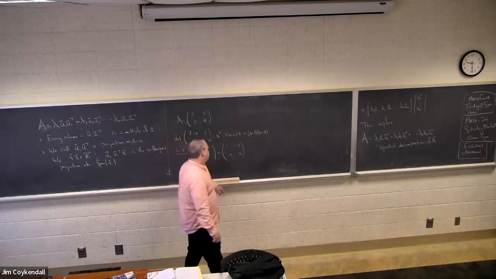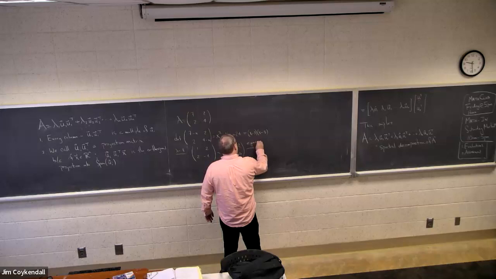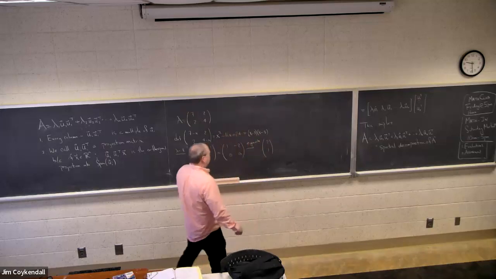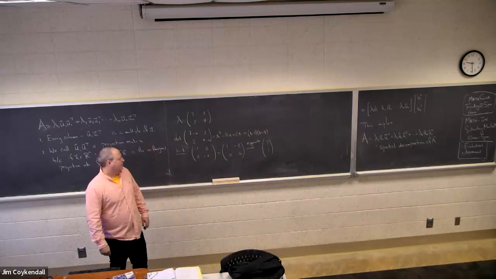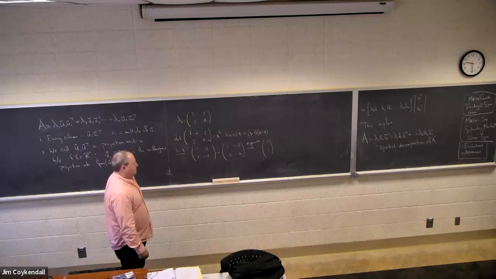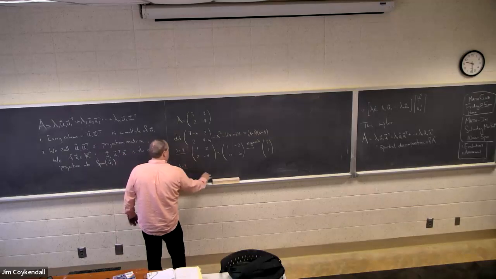And an eigenvector for this, bet you I get something like 2, 1. That's not bad here. Now lambda equals 3.